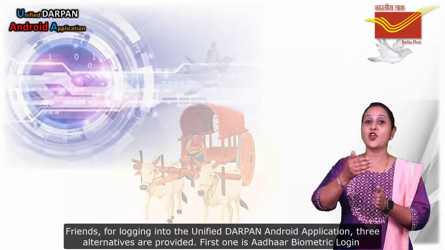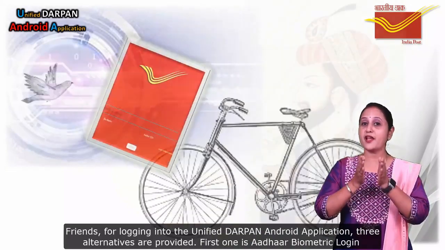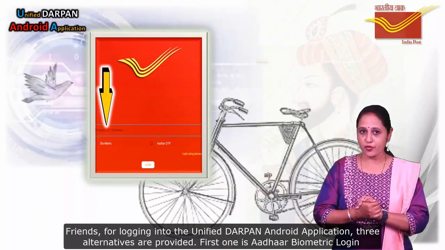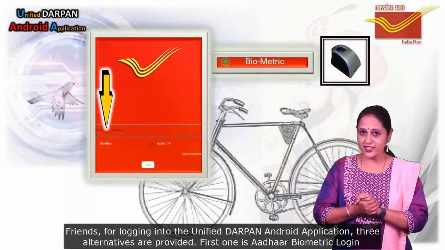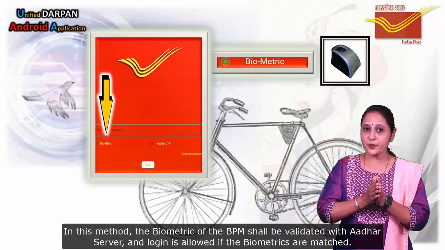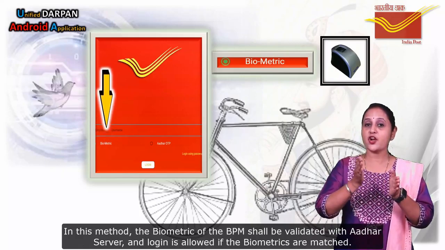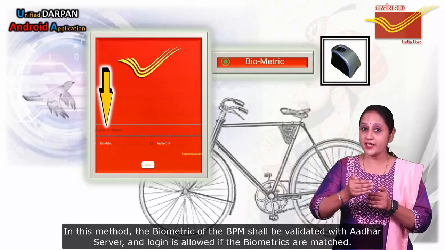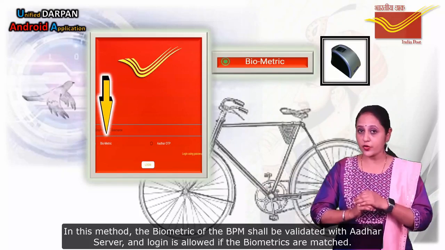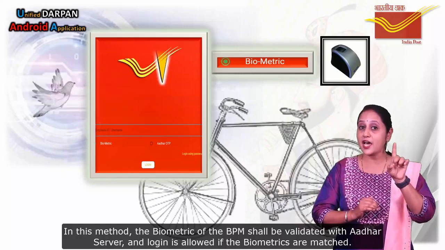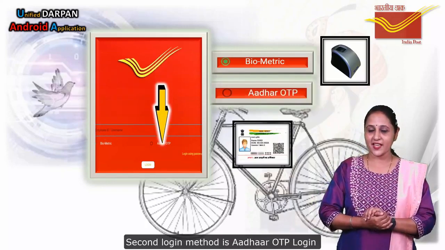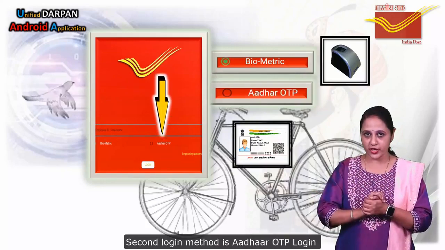Friends, for logging into the Unified DARPAN Android application, three alternatives are provided. First one is Aadhaar biometric login. In this method, the biometric of the BPM shall be validated with Aadhaar server and login is allowed if the biometrics are matched. Second login method is Aadhaar OTP login.